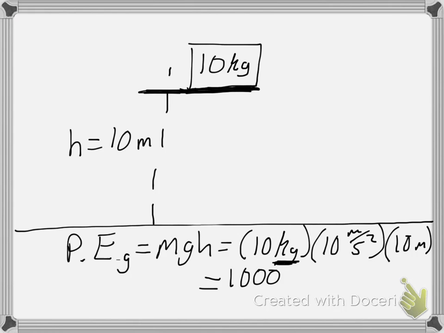Here we have a kilogram times a meter per second squared, so this would be a Newton. mg, remember, is the weight of the object, so that's just a Newton, times meters, so that gives us a Newton meter, and that's the same thing as work. So all energy, kinetic, potential, all have the same unit as work, and they're all in joules. So we've given this object 1,000 joules worth of potential energy.